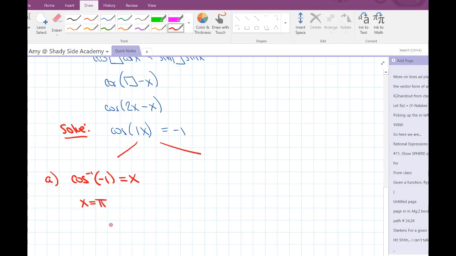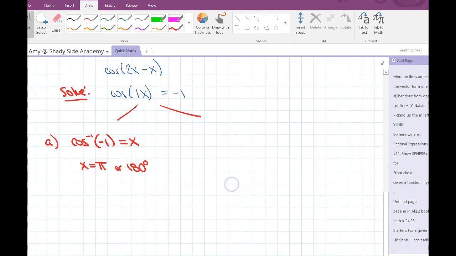But part A says find the general solution. General solution means all possible solutions. So x equals pi, or 180 degrees. But x could be pi or any multiple revolution of 2 pi plus pi, or 360 plus 180 degrees, right?